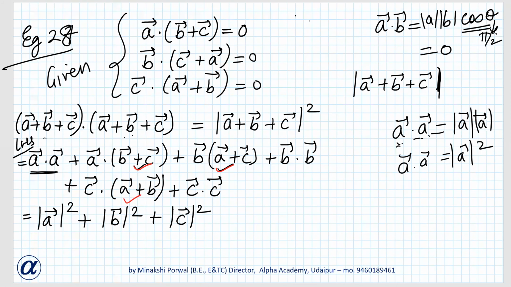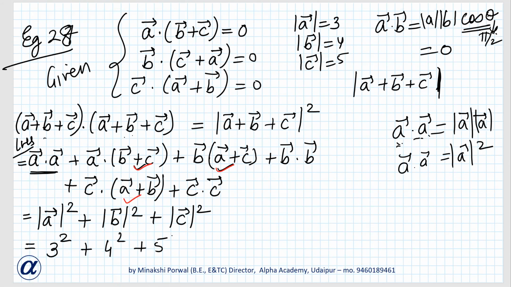Mod of A is 3, magnitude of B is 4, and magnitude of C is 5. Substituting these values, this is 3 square plus 4 square plus 5 square, that is equal to 9 plus 16 plus 25, that is equal to 50. So this is equal to this RHS.